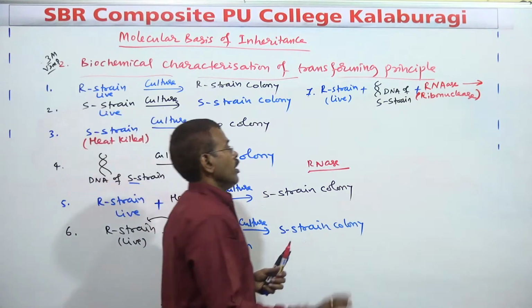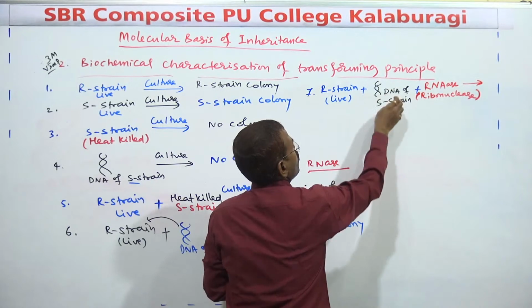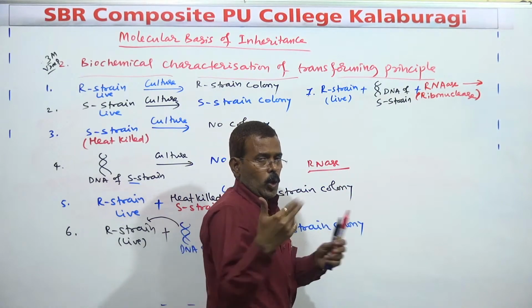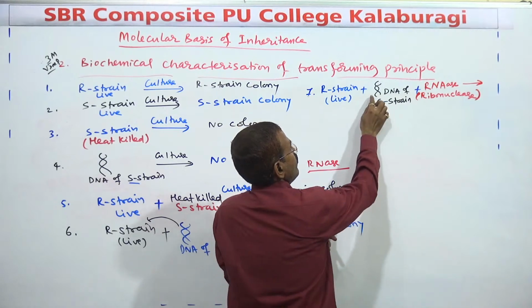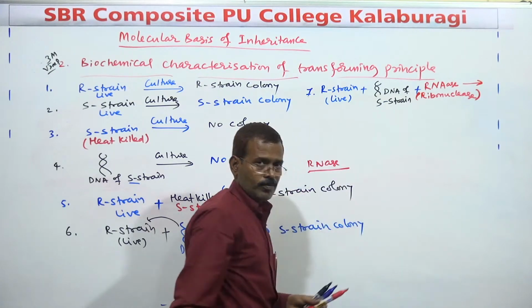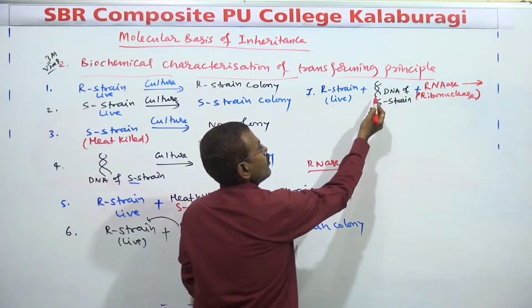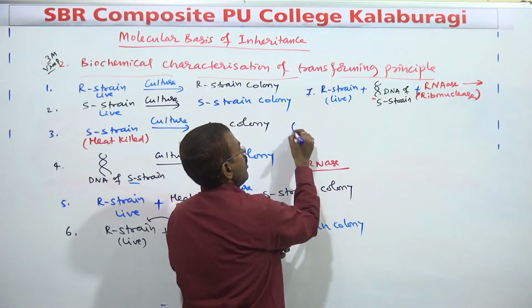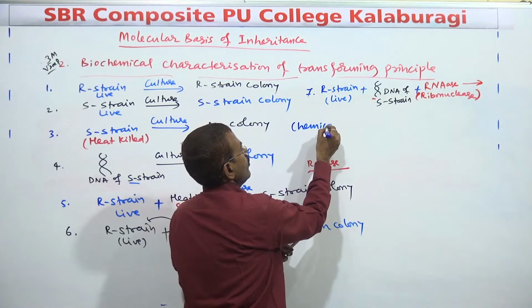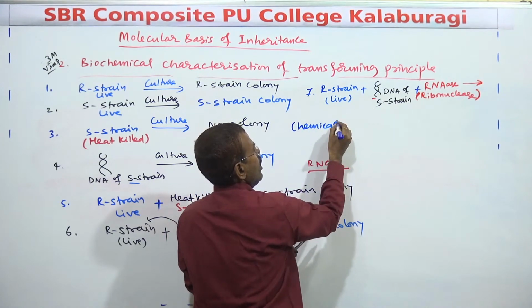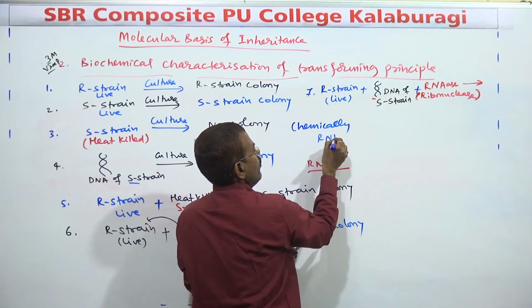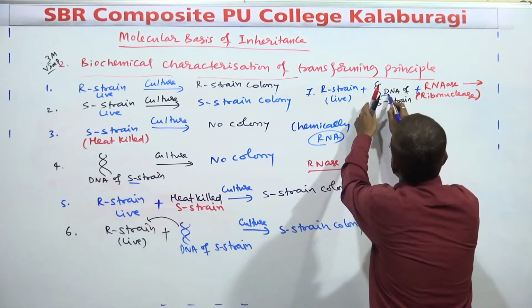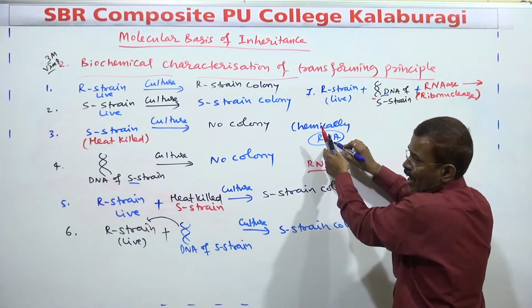Now, this genetic material of smooth strain, think that you don't know it is DNA. Suppose this material, chemically, is RNA.